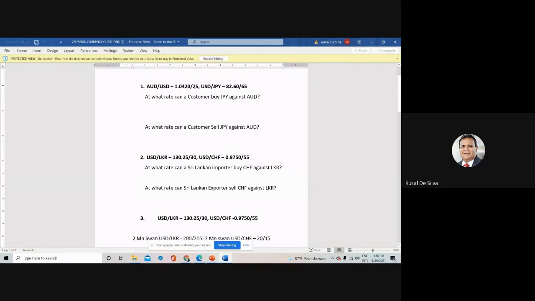Bank will sell the base currency using the offer rate. On the other hand, the bank will sell the quoted currency using the bid rate and buy using the offer rate. That is the theory you need to understand, then you can do all the questions without any difficulty.